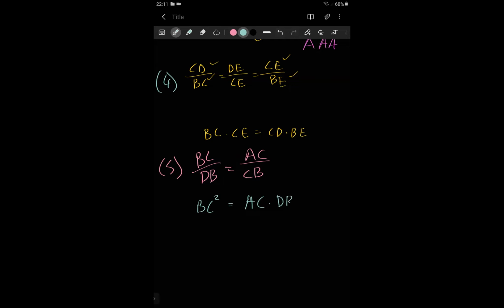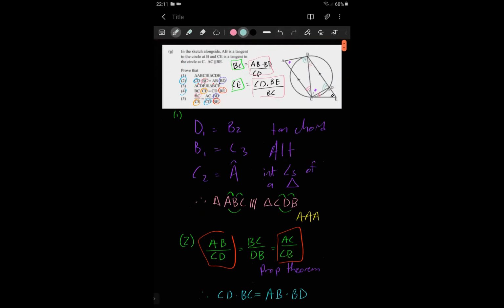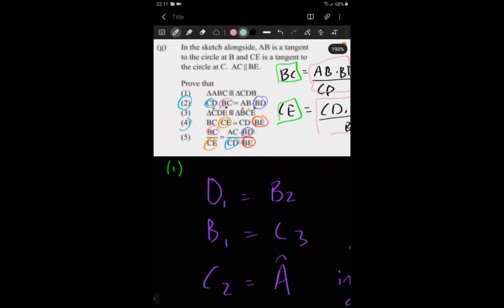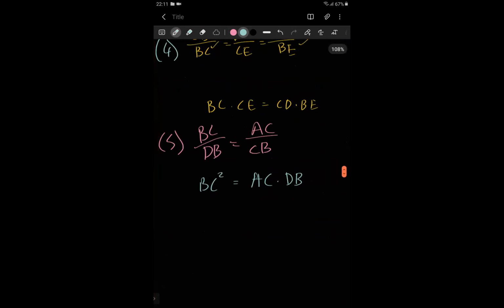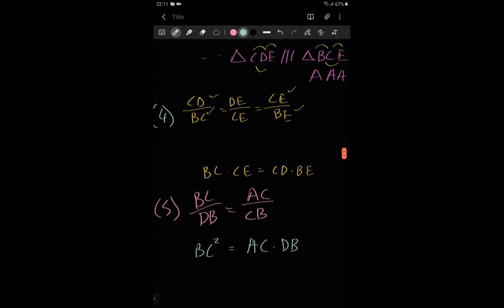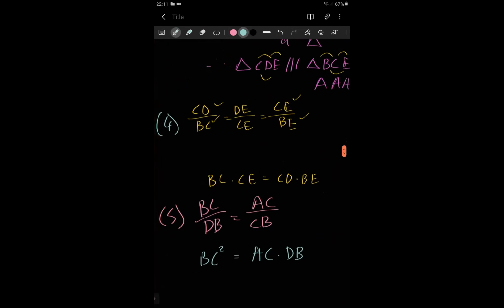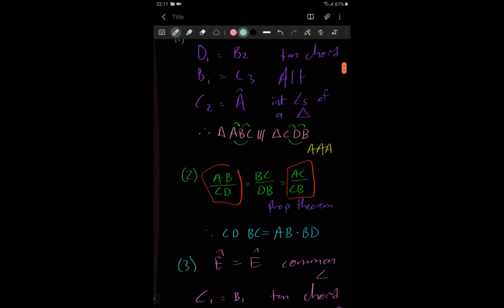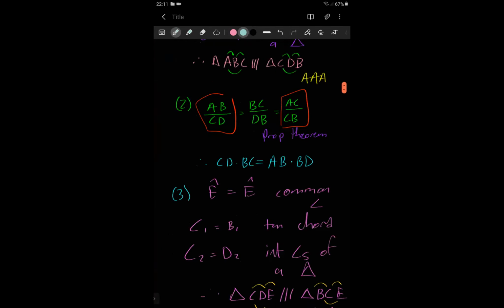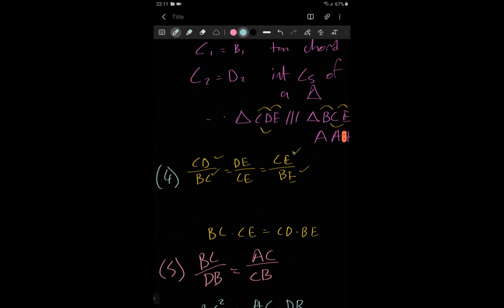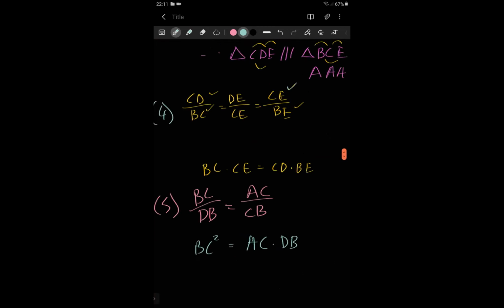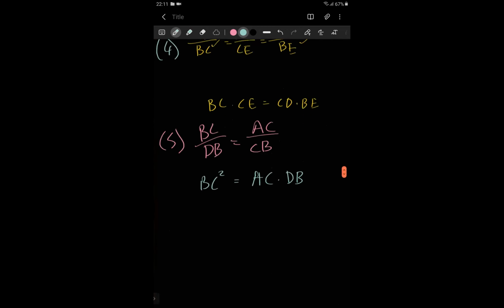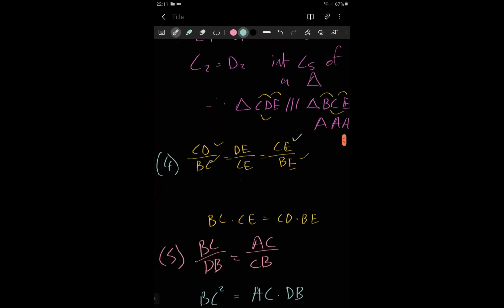This does not help us much because there's DB here and AC there. I don't know, we could do something with it. Where is EC? Something with EC. We can definitely see something with EC here, but we need CD and BE.